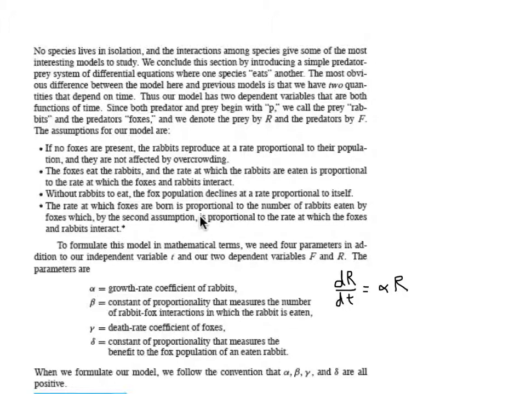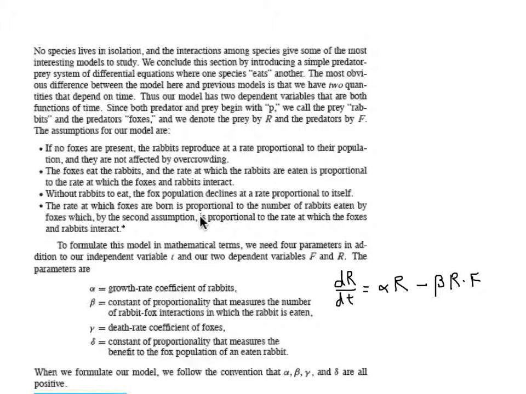And this next term I'm going to write, which is a negative term because it corresponds to a decrease in dR/dt, I'm going to use the constant of proportionality beta, and I'm going to write, not x, I apologize, r times f.